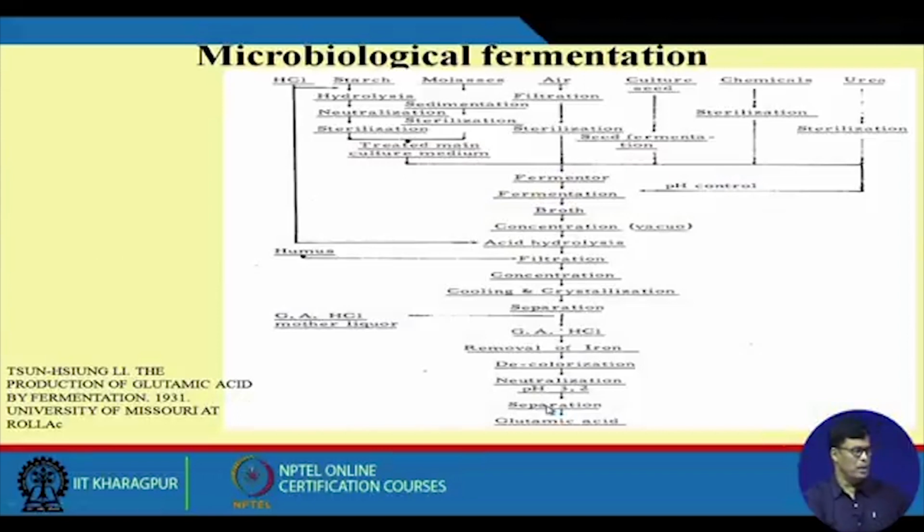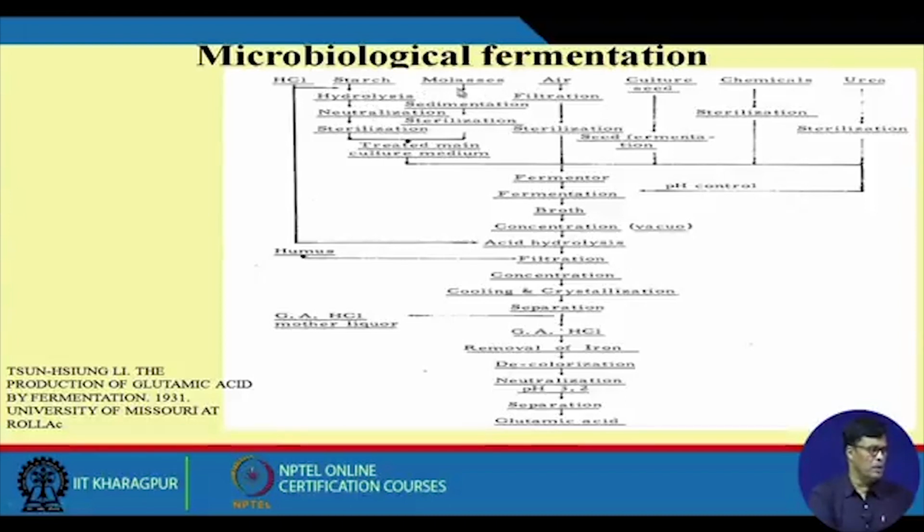Now the steps involved in this process are like this. We use HCl for starch hydrolysis, so that we get soluble starch, because starch is usually an insoluble molecule, though some soluble starch also exists, but it is to be degraded to monomer or dimer so that your organism can utilize it.